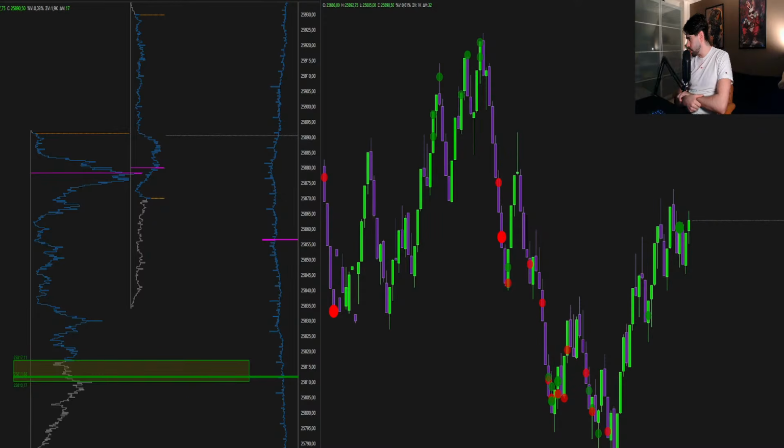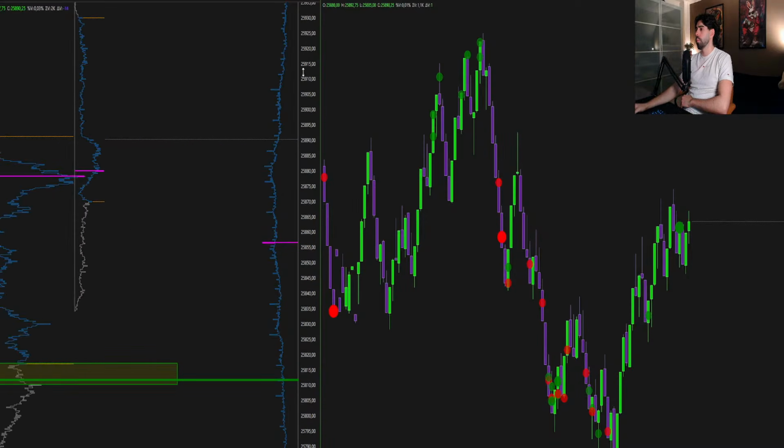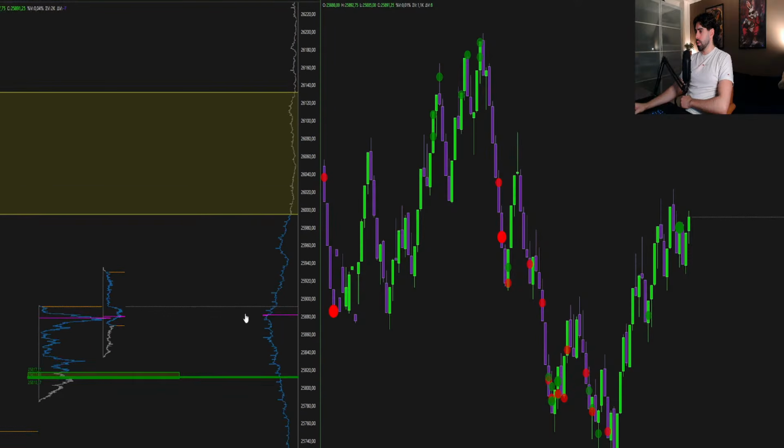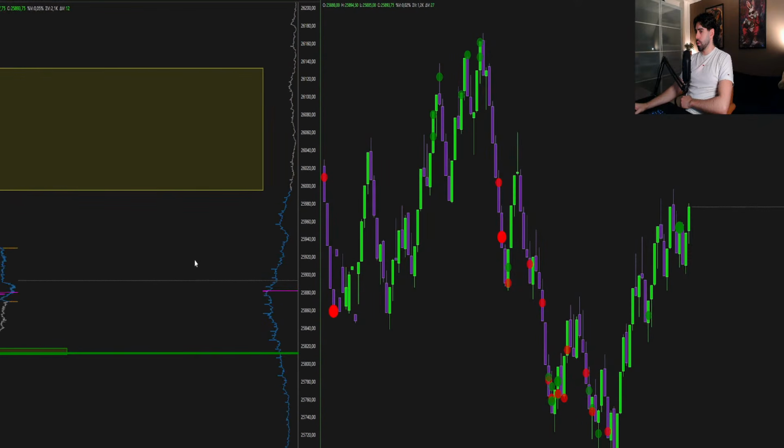Does Fabio use the composition profile for his weekly analysis, or what does he do for analysis? Yeah. The composition profile, yes, he uses it, because say that we come above value area high. So here's value area high on the composition profile.